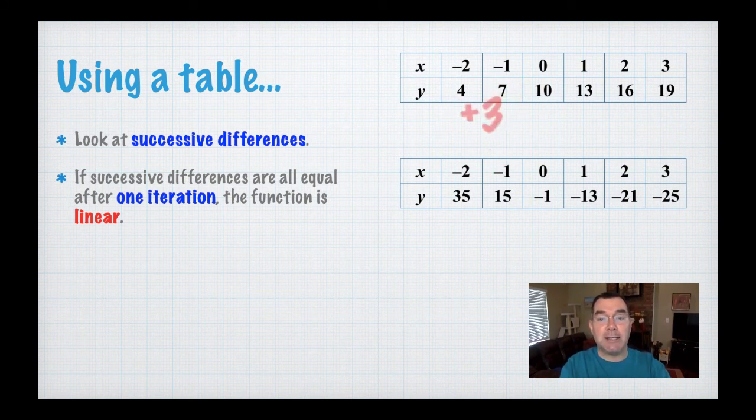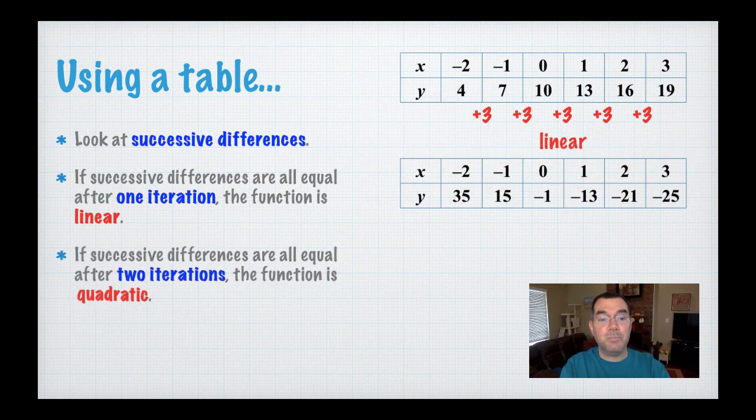So just looking at that top table, I notice that as I go from 4 to 7, that's a change of plus 3. As I go from 7 to 10, that's also a change of plus 3. And all of these changes are a change of plus 3. Each number gets higher by exactly 3. So I know that the table at the very top is going to be the table of a linear function.